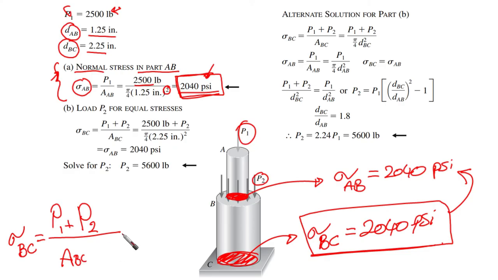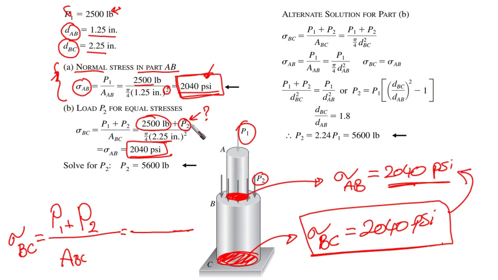So we have P1, which we know is 2,500 pounds, plus P2, which is our unknown, over the area, which is pi over 4 times 2.25 inch squared. And then we equate it with the same stress as in the upper part, 2040.